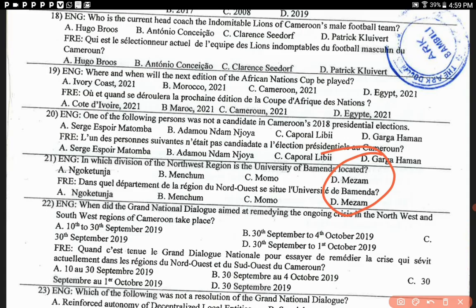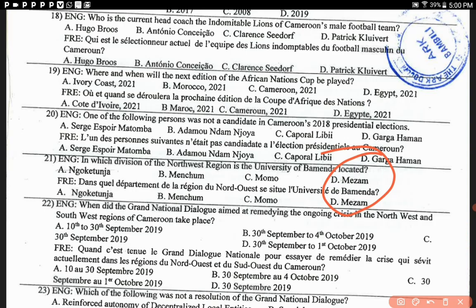Question 22. When did the Grand National Dialogue, which aimed at remedying the ongoing crisis in the Northwest and Southwest regions of Cameroon, take place? Le Grand Dialogue National took place from the 30th of September to the 4th of October 2019.